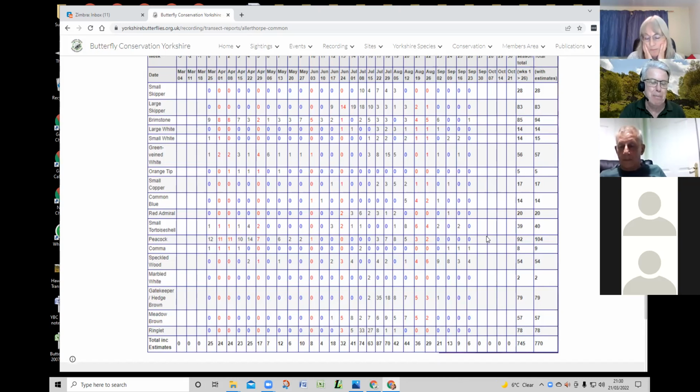And actually, a better representation of what's in that square is basically a hedgerow survey. Certainly on mine, you get purple hairstreaks, holly blues, loads of gatekeepers, a huge variety of things. And as you've heard, the species range is quite big. And I think that's how it should be done.